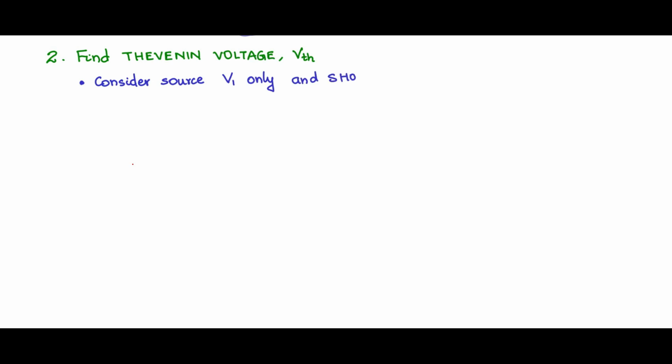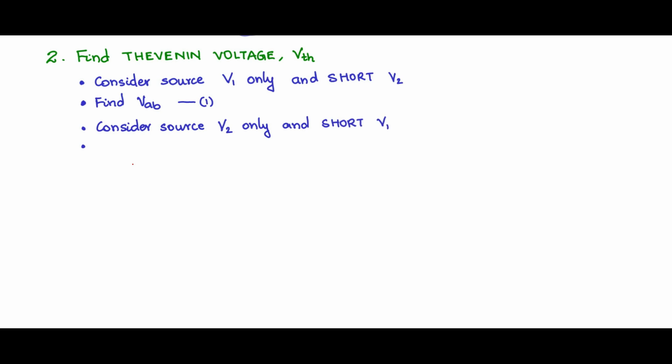Next we have to find the Thevenin voltage. For that, consider source V1 only and short V2. Find VAB. We call that value 1. Next, consider only source V2 and short V1.